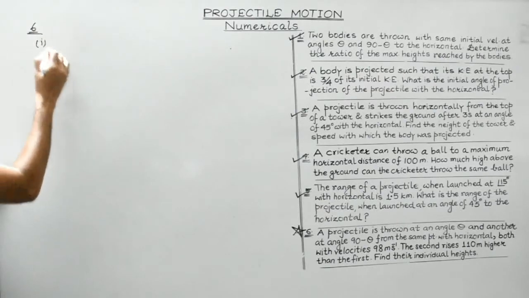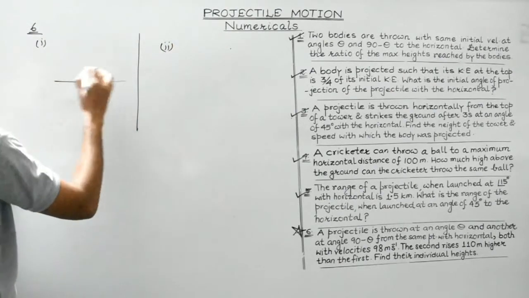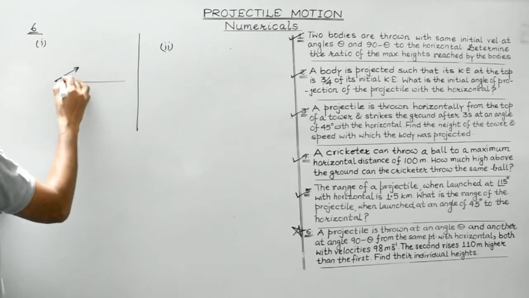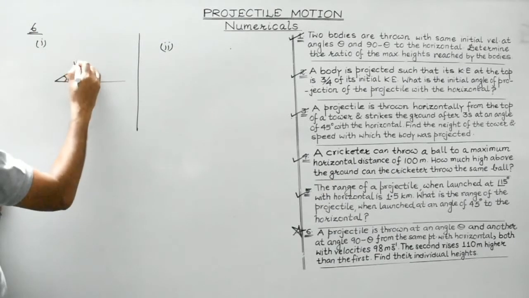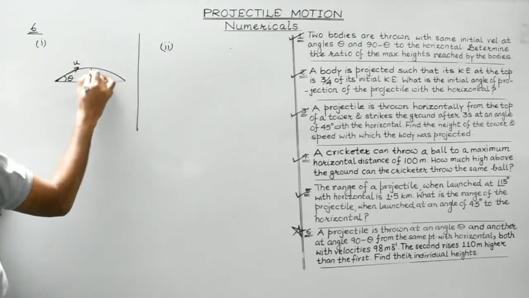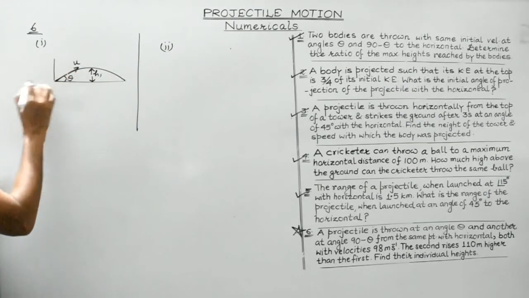Okay, we'll consider the first case and then we'll consider the second case. In the first scenario, students, the angle of projection is theta and velocity is same. So over here, suppose height is h1, right? This is height h1.